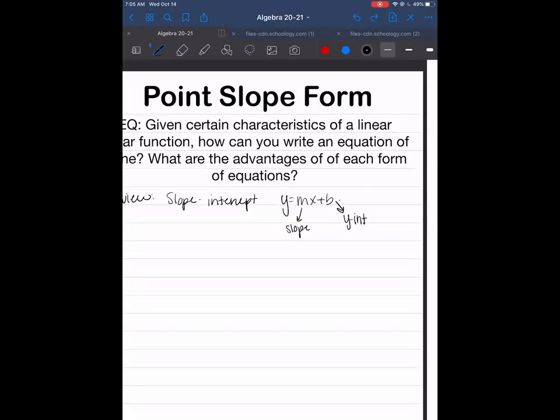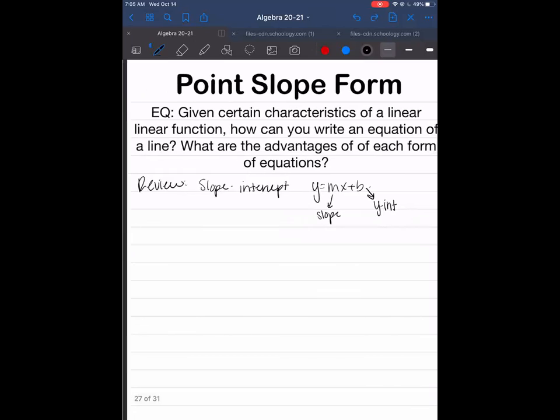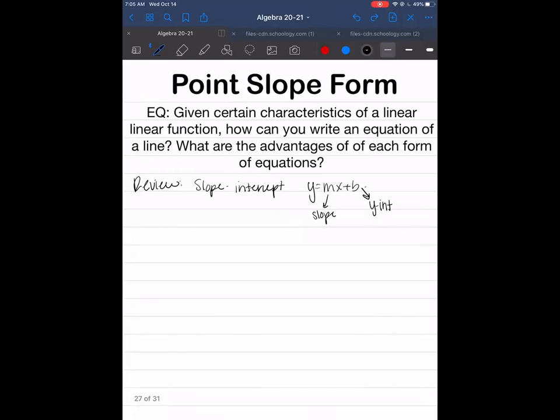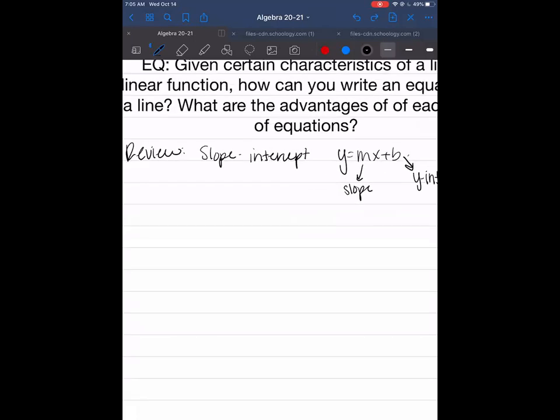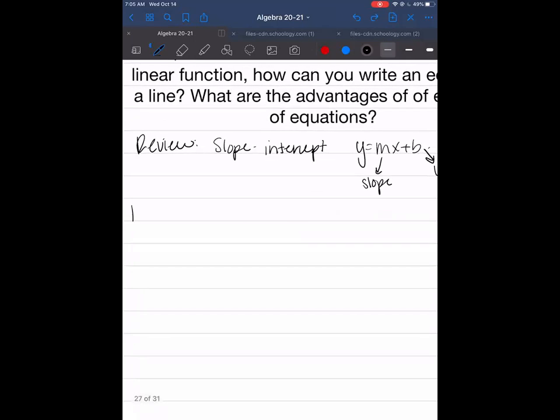Today we're going to talk about point slope form. From the name of this form and based on what we know about slope intercept form, what two things are we going to need to write this form?